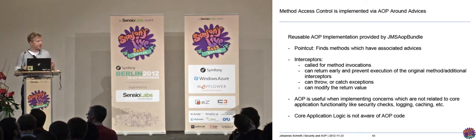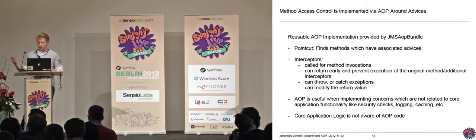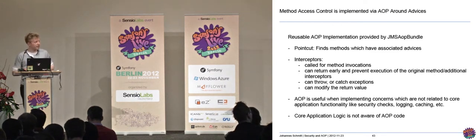And these interceptors can do a lot of things, like they can return early, they can prevent the original method from being called, they can catch exceptions that your method throws, they can throw exceptions themselves, and they can, of course, also change the return value.